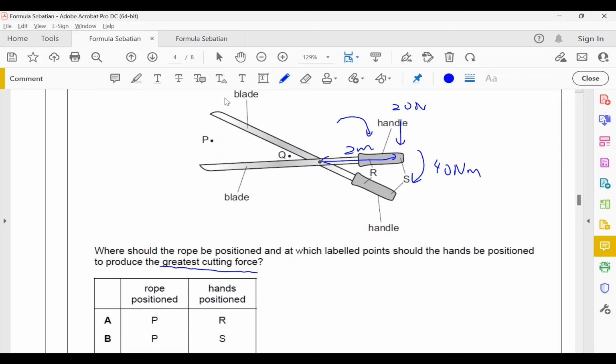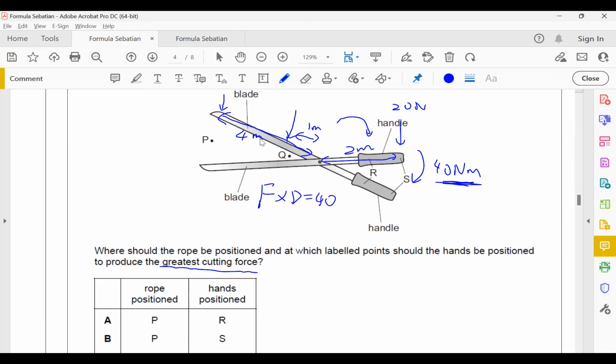Let's imagine today I put the force here versus the force here. This distance is obviously longer. Let's say it's 4 meters. And this one here is obviously shorter. Let's say this one is 1 meter. If I put this into calculation, my clockwise moment is already this. Clockwise moment must equal your anti-clockwise moment, in other words force times distance must be 40.